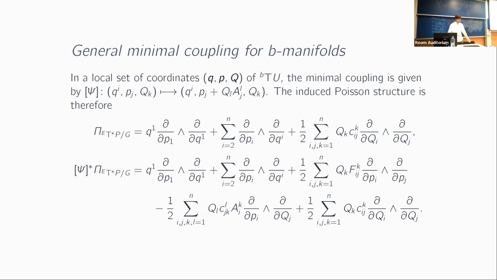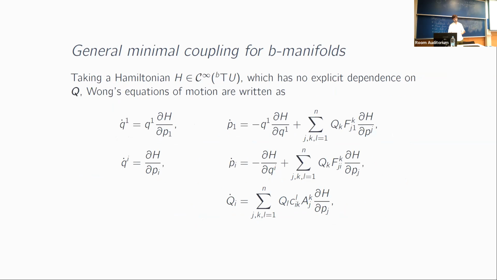And if you contract with an arbitrary Hamiltonian, which has no explicit dependence on the charges, because we are taking the pullback, we have Wong's equations of motion on a b-manifold. So for instance, the time derivative of q, if q belongs to the boundary, is 0. A point in the boundary is always constrained to moving on the boundary, but its momentum might not be constant, because it could be coupled with the electromagnetic color charges of the Yang-Mills theory.